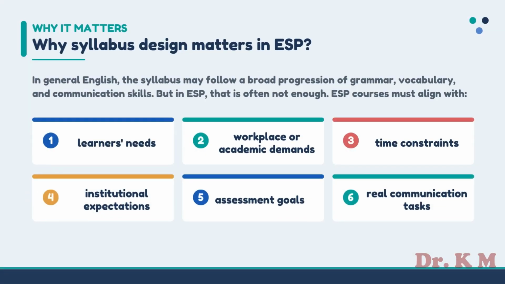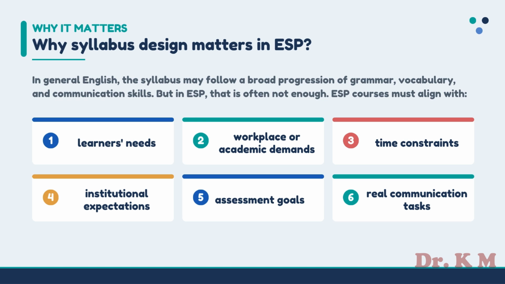Why syllabus design matters in ESP. In general English, the syllabus may follow a broad progression of grammar, vocabulary, and communication skills. But in ESP, that is often not enough.